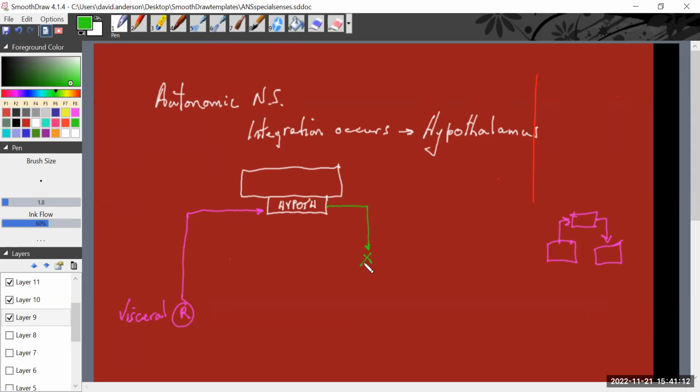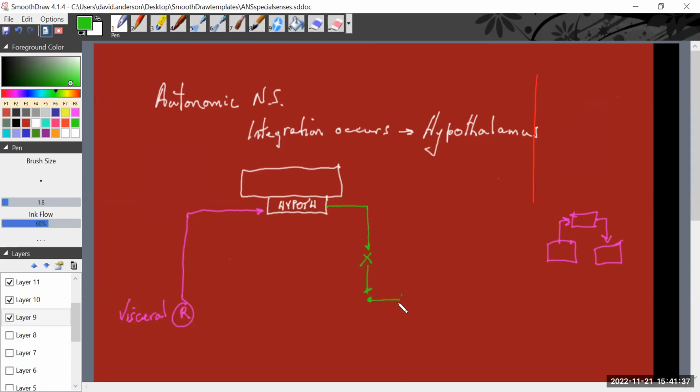I say probably because we don't 100% of the time, but most of the time do cross at that medulla oblongata. So we're going to cross and then descend into the spinal cord, where we synapse on what's called a lower motor neuron. Remember when we drew the spinal cord, those autonomic motor neurons were sort of in the middle part of that gray matter, and I'll show that to you again.